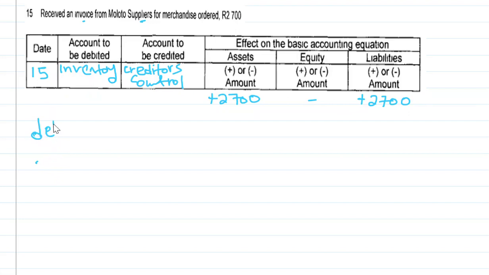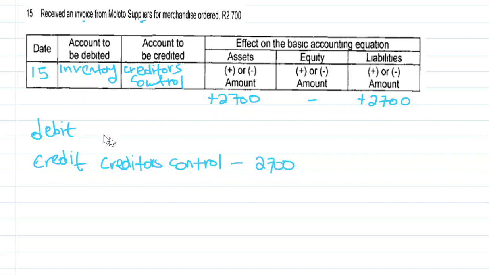Okay, debit and credit. So creditors control 2,700. This one is gonna be inventory, 2,700. Okay.